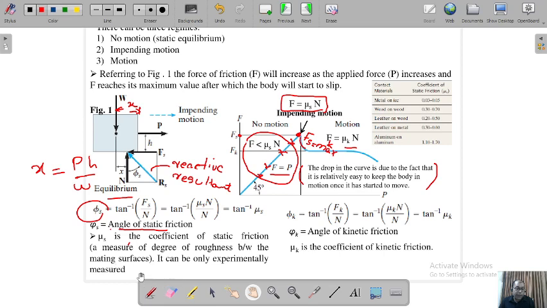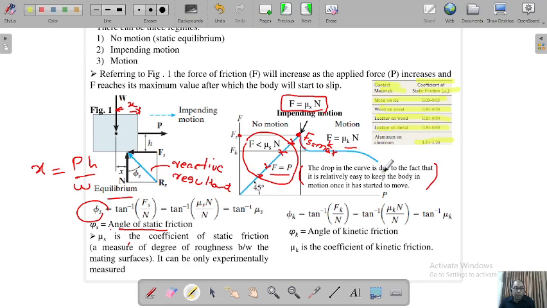It is always experimentally measured, and it depends on the contact between the two materials. Metal on ice will have this value, wood on wood this value, leather on wood this value, leather on metal this value, and aluminum on aluminum this value.